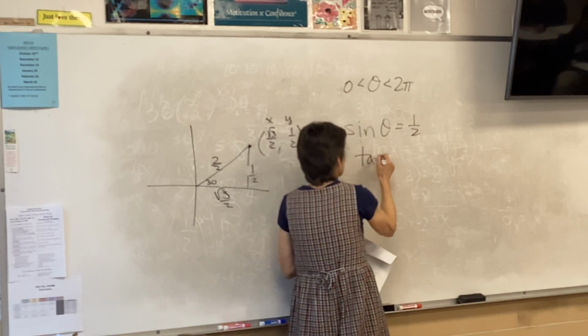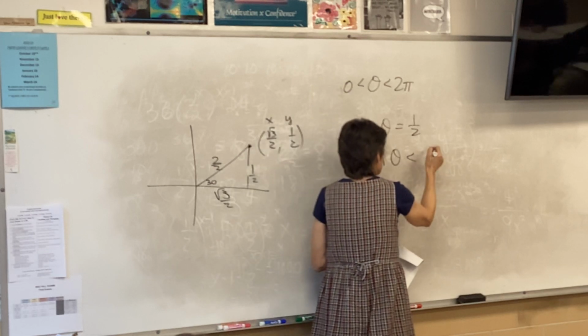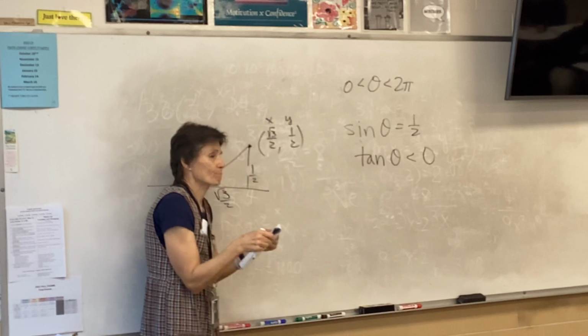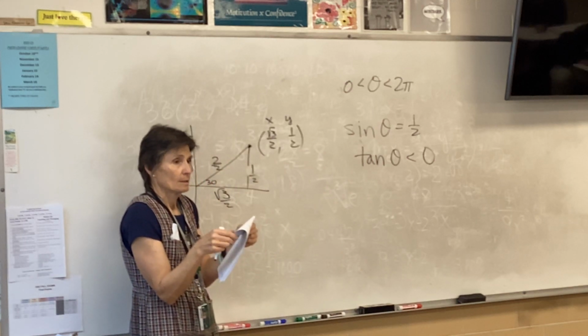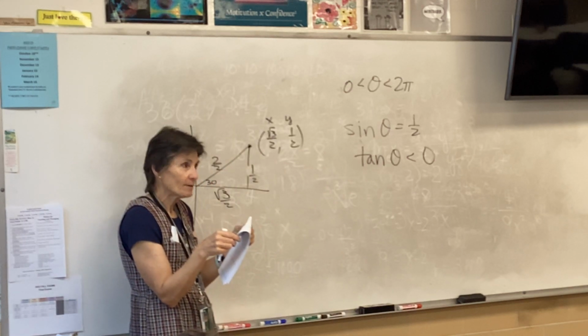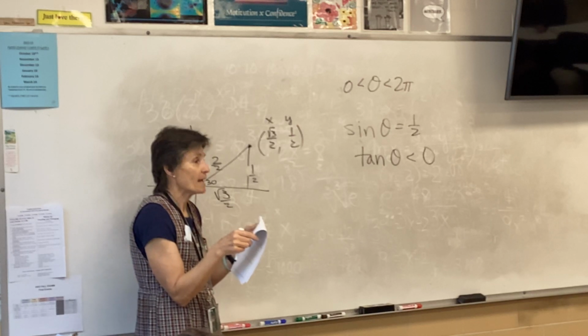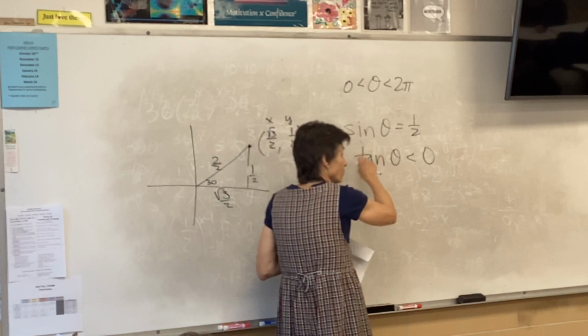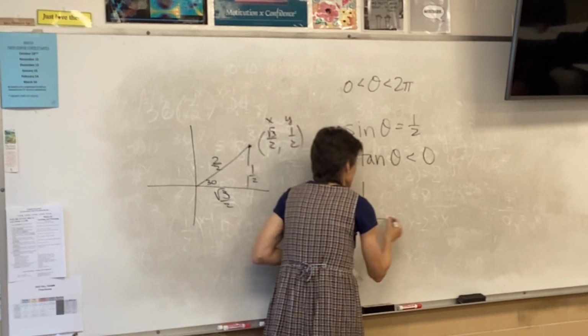And the tangent is negative. It's negative, yeah. And I'm trying to figure out what the angle is. What angle has a sine of 1/2? Well, think about that for a second.